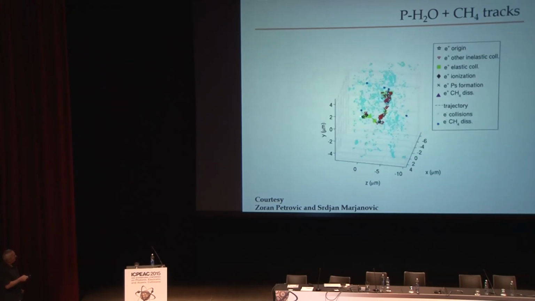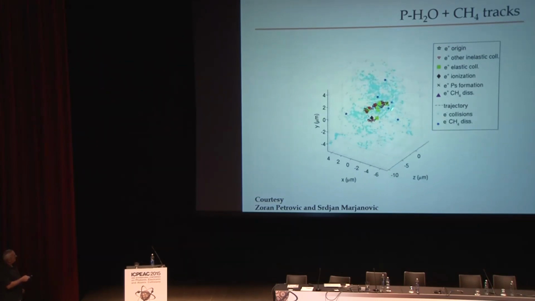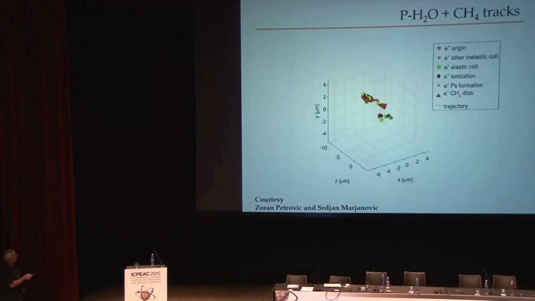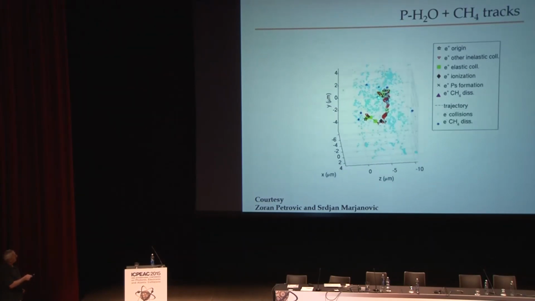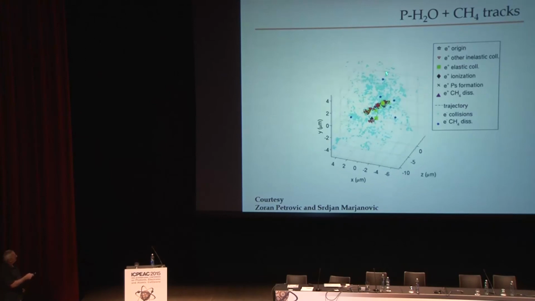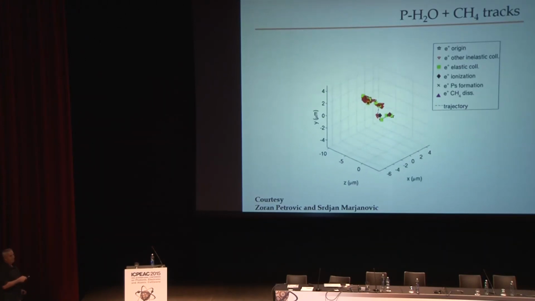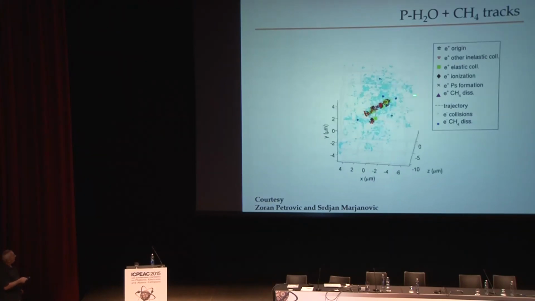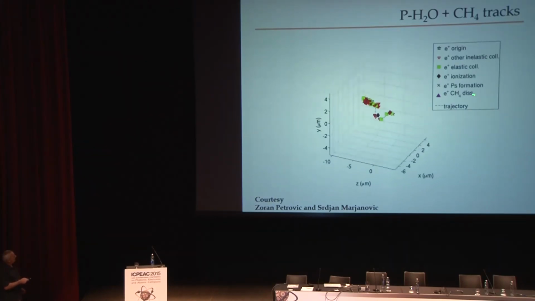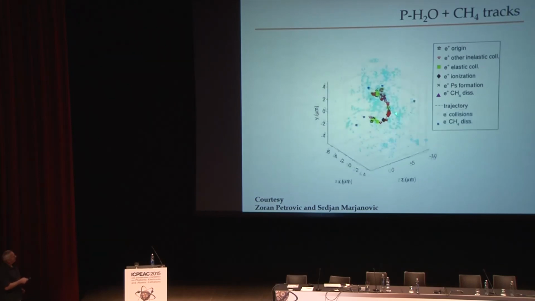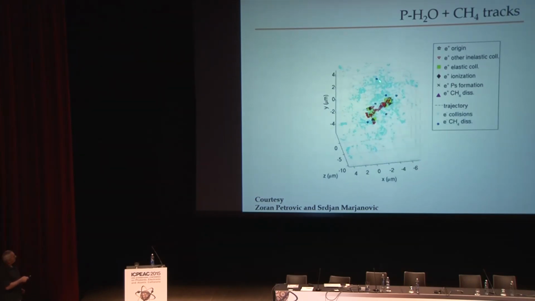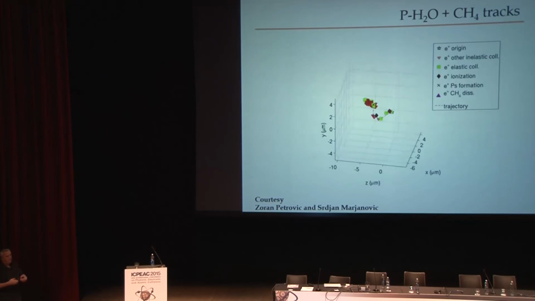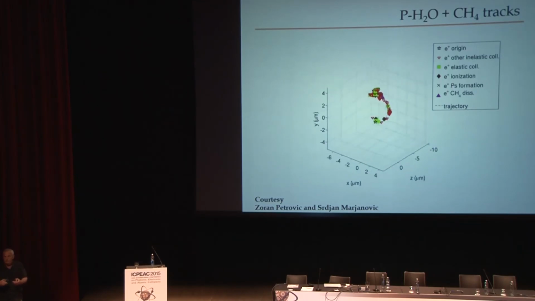This is the start of the positron here, the little star, and this track are all the interactions that take place before positronium formation. But then all of the other blue points in here are secondary electrons that are produced. And there's a whole sea of secondary electrons. And the dark blue points are points where dissociation of the methane molecule is taking place. And that's, again, where one might suspect that there could be damage.